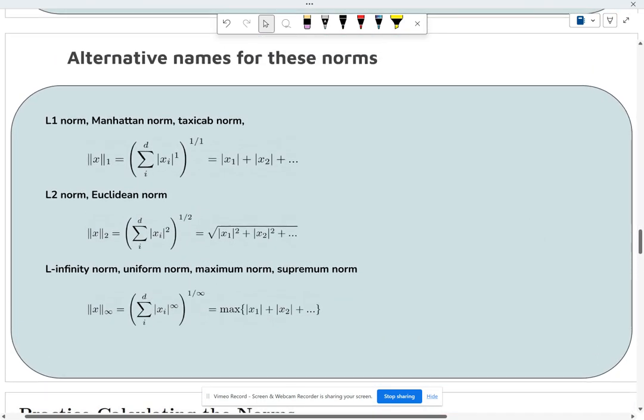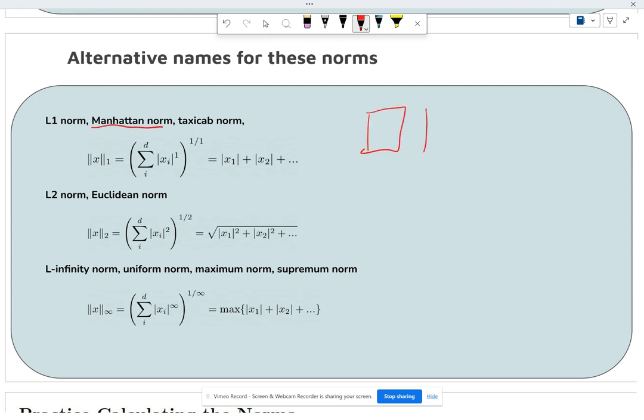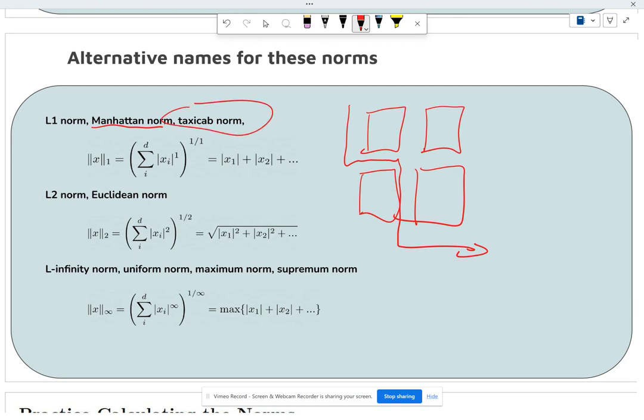Now, for these norms that we've learned, there are actually other names. The L1 norm, depending on the situation, other people call it the Manhattan norm because you're imagining you're on the island of Manhattan, New York, and you're traveling this way. Or the taxi, if you're a taxi. So you may see Manhattan norm or taxi norm. It's the same thing as the L1 norm.